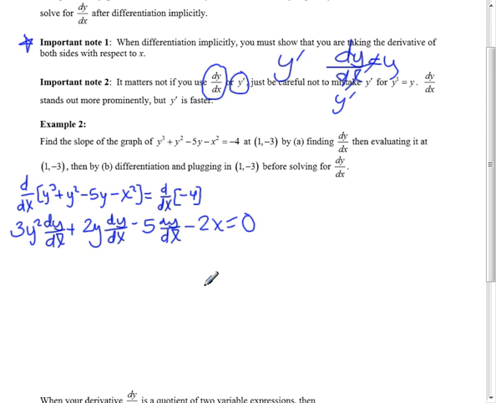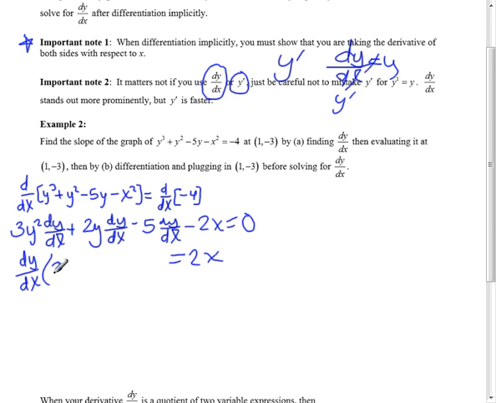So our goal for part A is just to find dy/dx and then evaluate it. So anything with a dy/dx, keep it on one side. Everything else, move it over. Alright, so if I move over this 2x that's over here, everything else has a dy/dx in it. So I could factor that out.